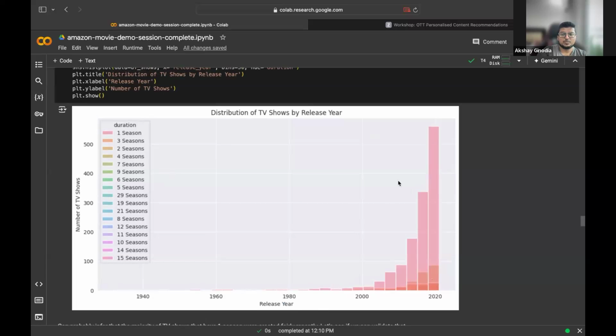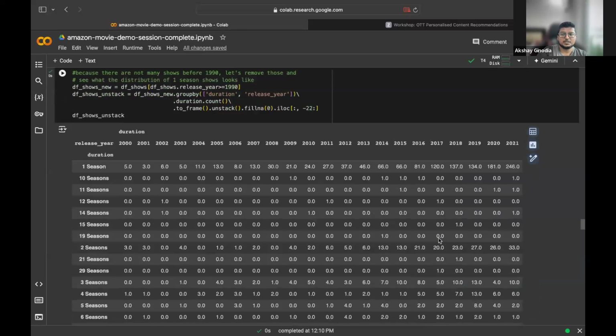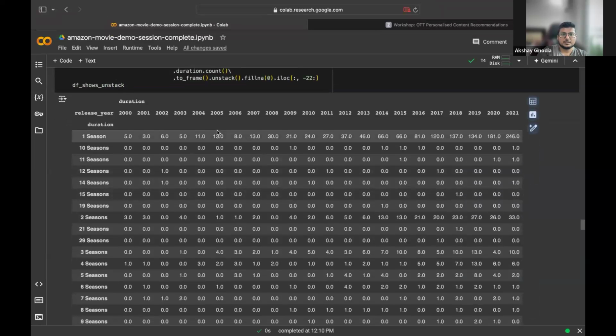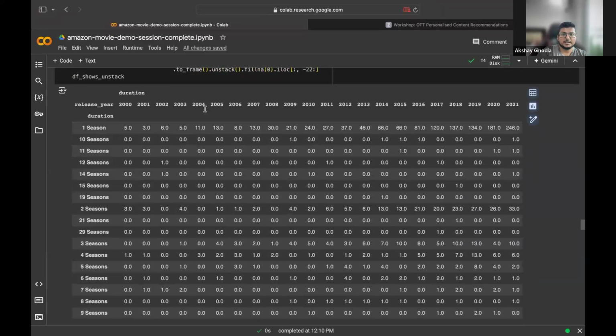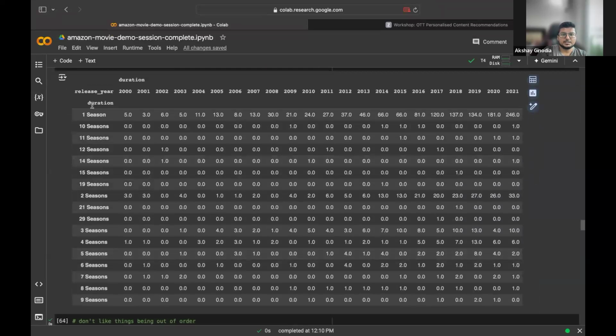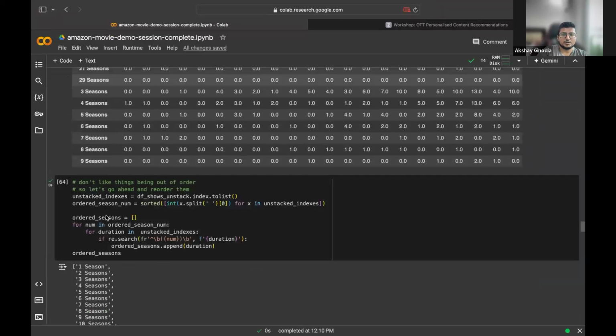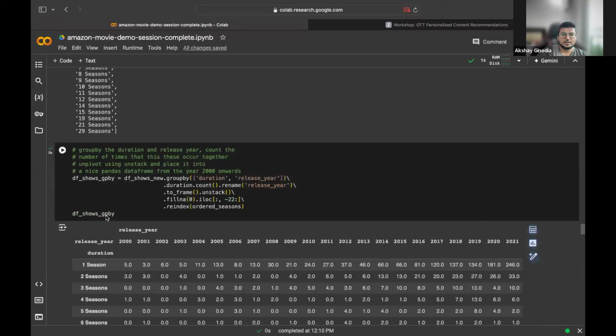But again, what it means is that one season shows dominate a lot, and they are most of the population. So we are using a group by and then creating a data frame, which here is not ordered. Let's go to the ordered one. So we are going to make an order of it.